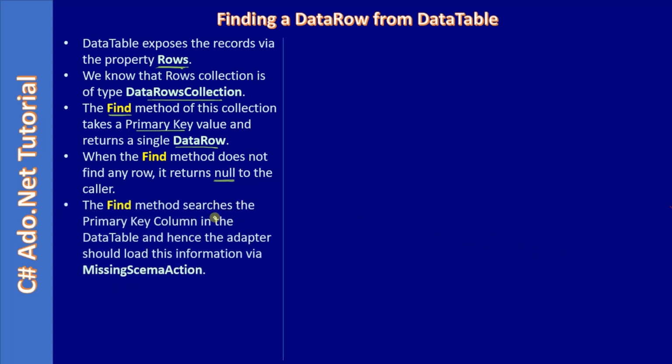The find method searches the primary key column in the data table, and hence the adapter should load this information via missing schema action. We already talked about missing schema action in our course multiple times, right? If you want to load the data table with constraint information, we should go with missing schema action.